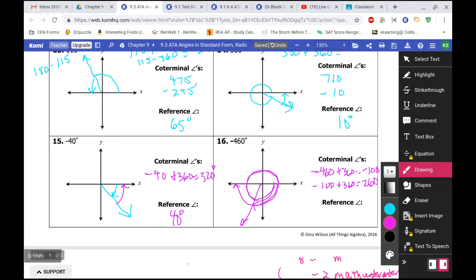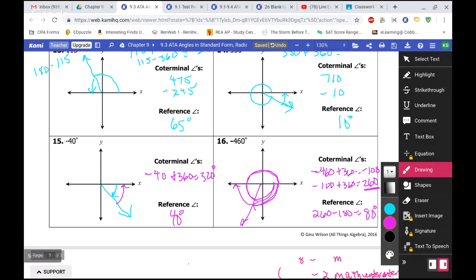But this 260 right here, you could use one of these reference angles. That's why it's kind of important. Take that 260 and subtract 180 from it, and you're going to get 80 degrees.